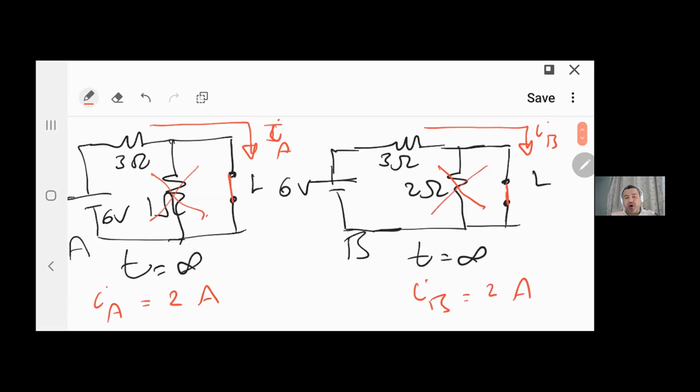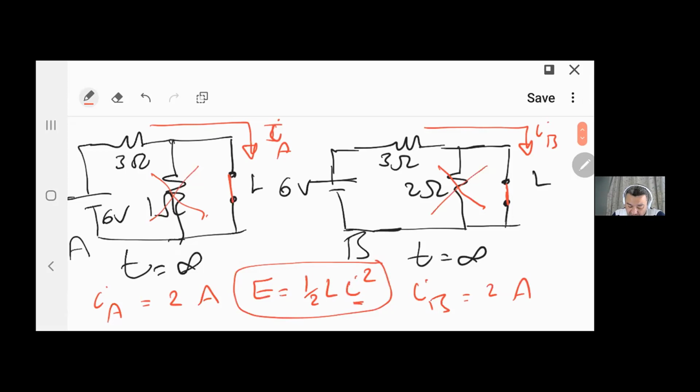Now the switches are open again. But now the inductor has stored energy in it given by the equation half L I squared. Notice that both circuits have the same current in the inductor, I_B 2 ampere, I_A 2 ampere.